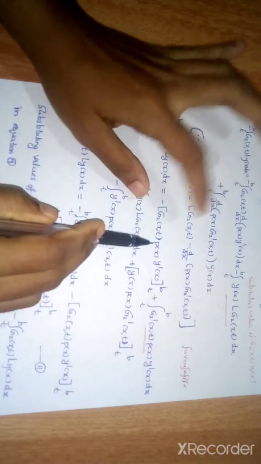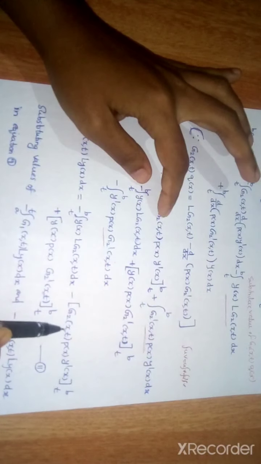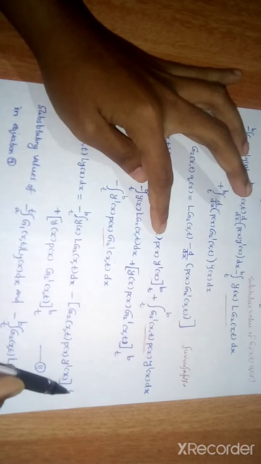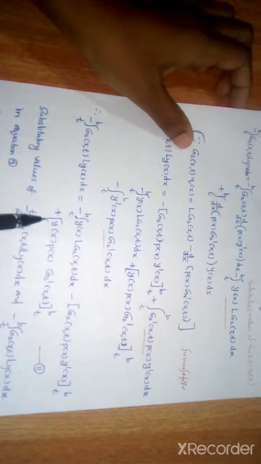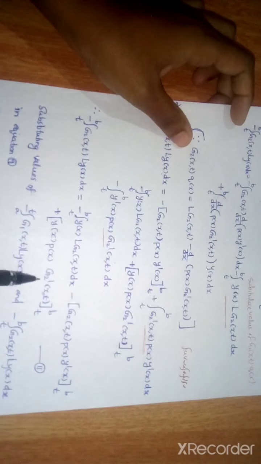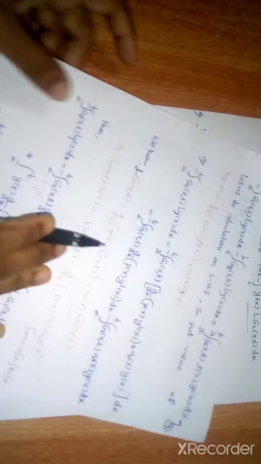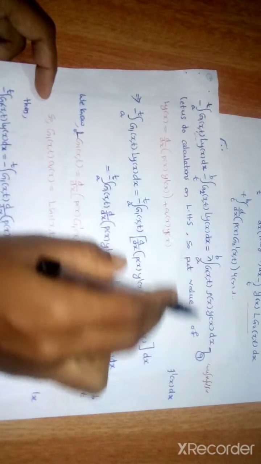Then this term minus g2 of xt p of x y dash of x in the interval t to b, then this term plus y of x p of x g2 dash of xt in the limit t to b. Put it equation number 11. Now we got these two terms, and we are substituting the values in equation number 9.